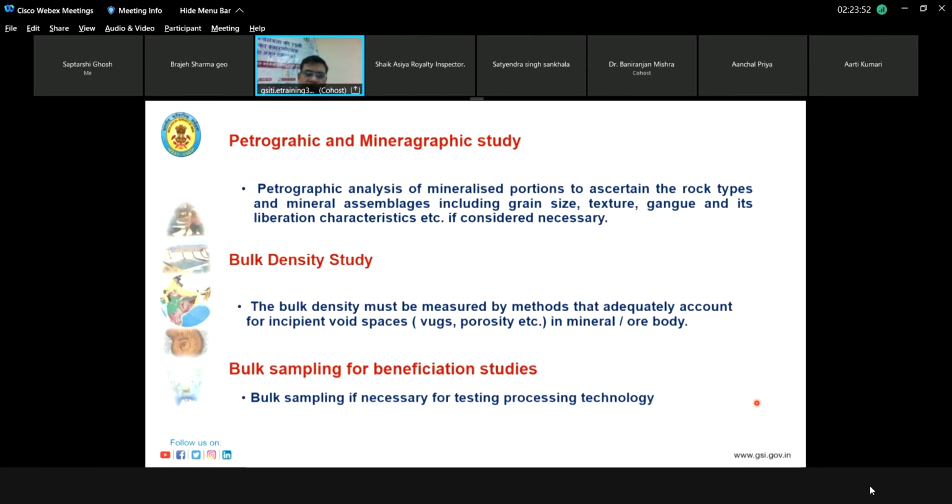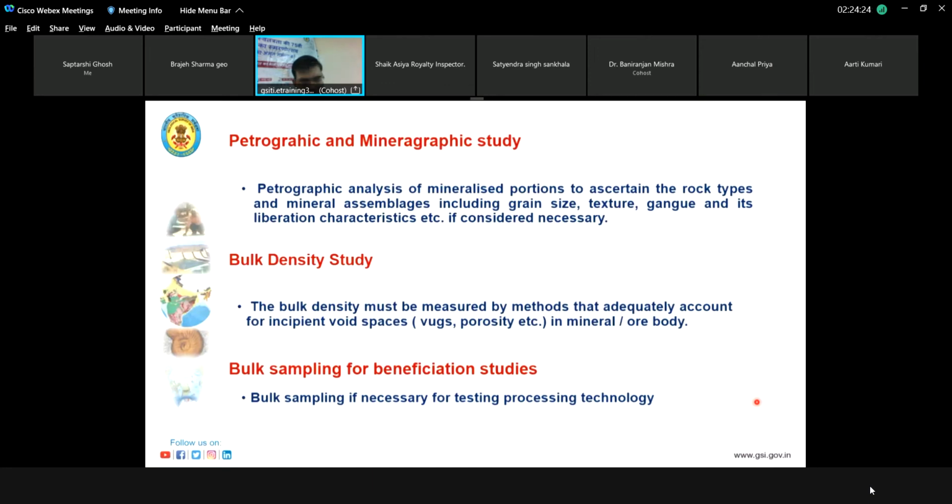Then some petrographic and mineral study will be there. Then bulk density study, and bulk sampling for beneficiation study. This is for your mining people, because if there are so many rocks, maybe 2-3 types of lithology, and in that mineralized host rock, what type of minerals are there, how we will extract that, which techniques we have to adopt, that will definitely be dealt with by the mining people.